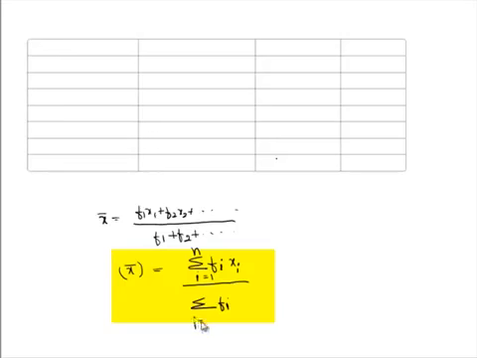Here also i varies from 1 to n. Hence, in general notation we write it as x bar is equal to sigma fx by sigma f. Hence, mean is defined as the sum of all the observations by total number of observations.